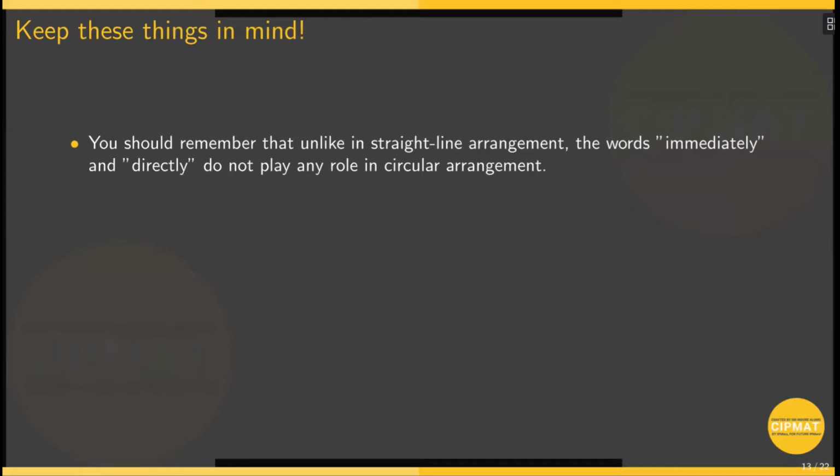In a straight line arrangement, whenever I say that B sits immediately to the left of A, immediately left means there are no people sitting between A and B. But if I say that B is sitting to the left of A, that basically means there can be any number of places. B can be seated over here, over here, or over here, anywhere. This is what we learned in linear arrangements.